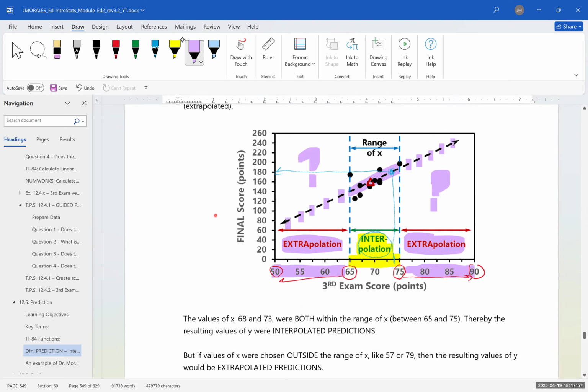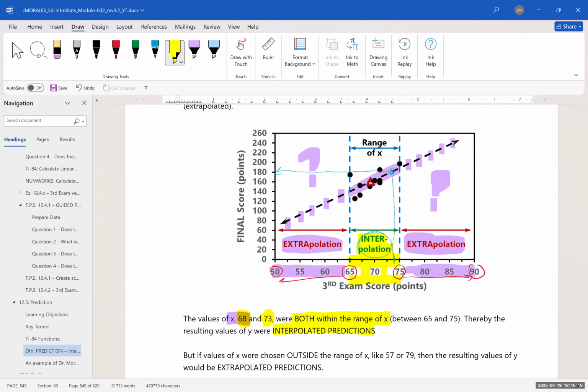So earlier, when we chose values 68 and 73, these were both within the range of x, right? 68 and 73 were like here and here. So those were both within this range of x, so those were considered interpolated predictions.